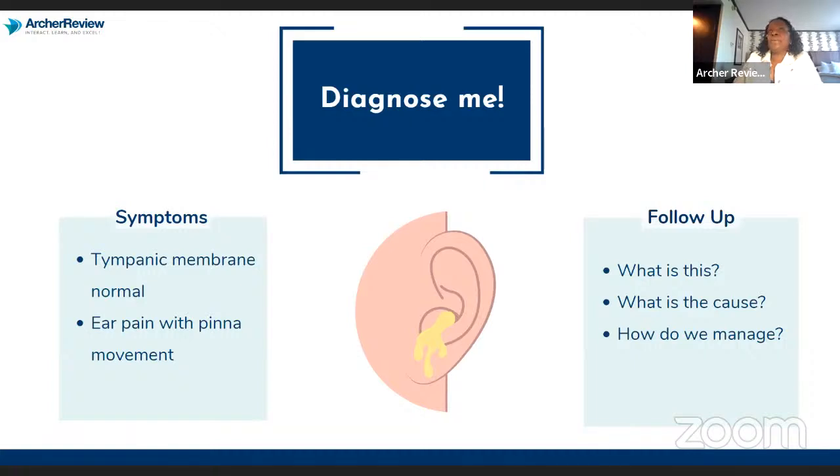If you can't visualize the tympanic membrane due to all the inflammation or the buildup in the ear, the recommendation is that you would drain the ear and clean it out so you can get a good look at the tympanic membrane. It's also helpful with the healing process to get that ear canal cleaned out. But if it's not improving after 7 days or even after a 14-day treatment, then you want to follow the current guidelines of what to do next for this problem.